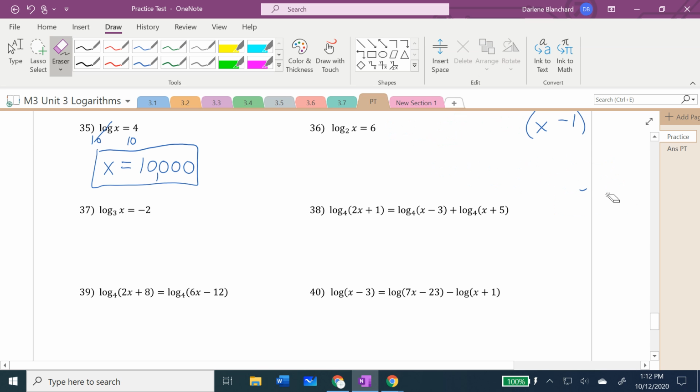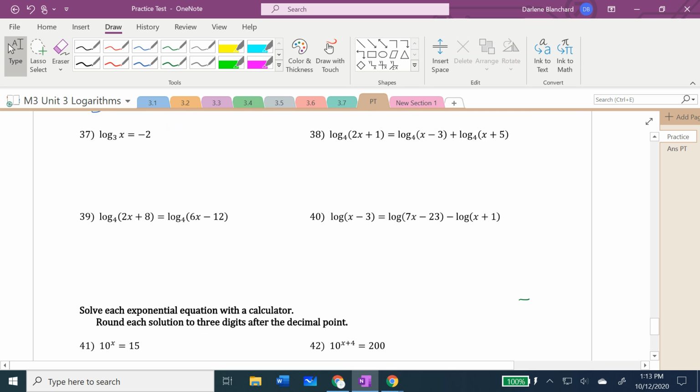And for 36, you have a condensed logarithm. It's a base 2, 2 to the power both sides. And x is now equal to 2 to the power of 6, which is equal to 64. And quick double check, it does make a positive number go in the logarithm.